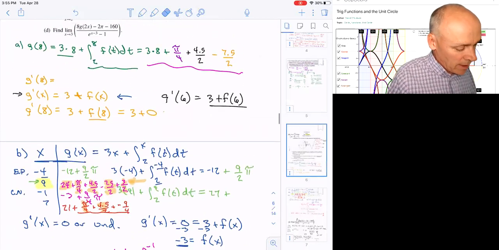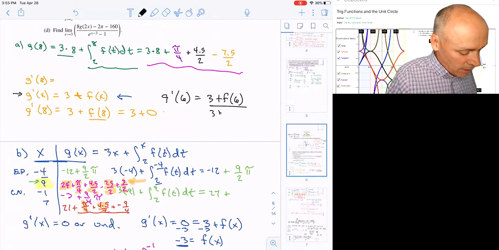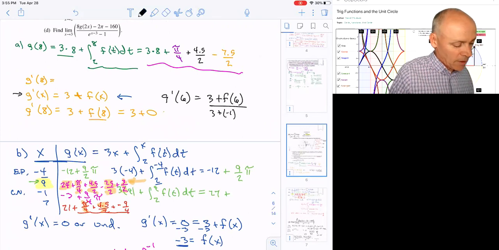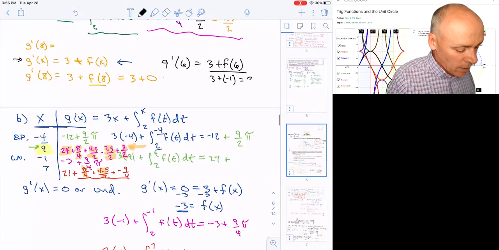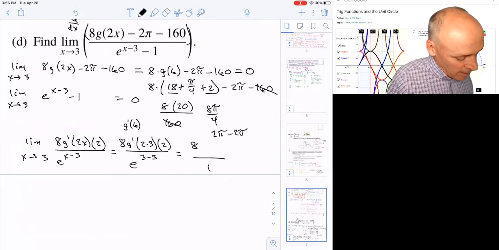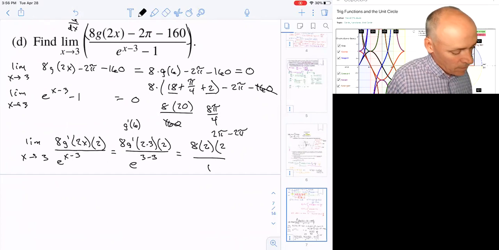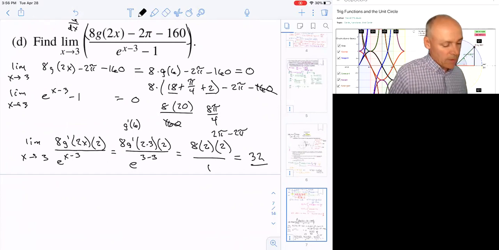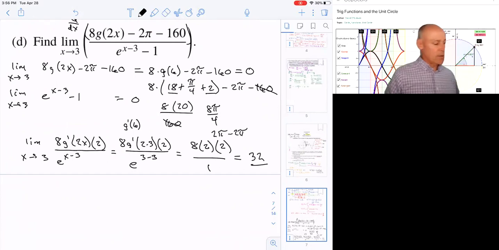So I've got 3 plus negative 1. G prime at 6 is equal to 2. So I get 8 times 2 times 2. So that is going to be my answer, 32. And that was dangerous to simplify numerically.